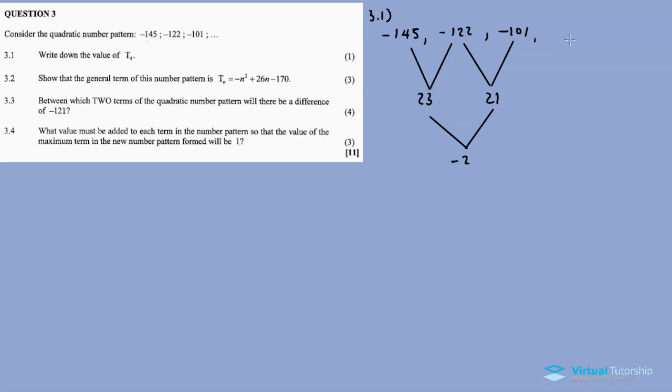So if T4 bekakhona, this difference between T4 and T3, when I subtract 21, I should also get -2. Ulokanje -2. So -101 is -2 plus 23 plus -122, kunginikeza -101.